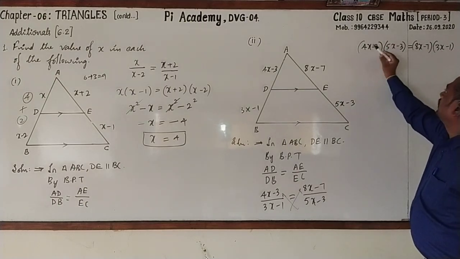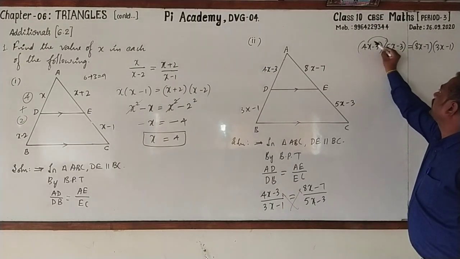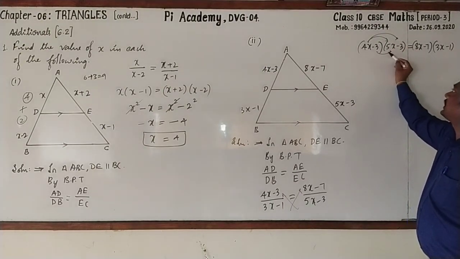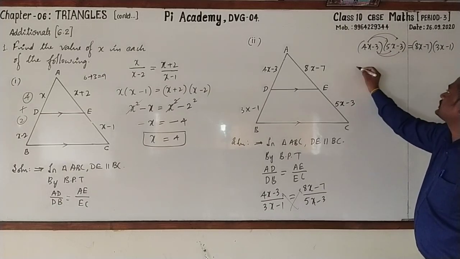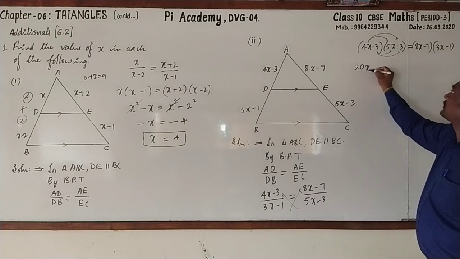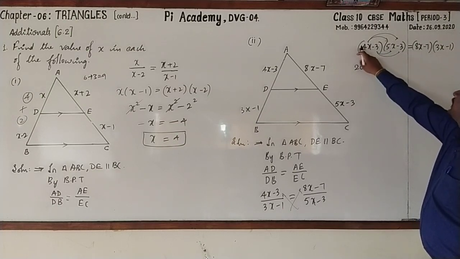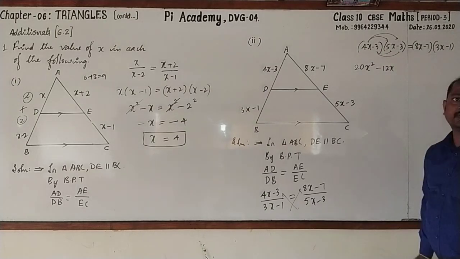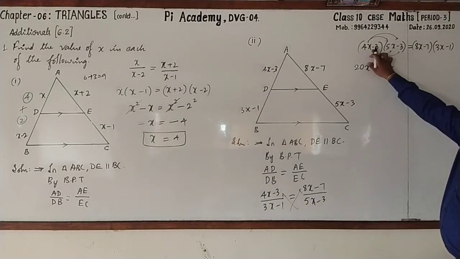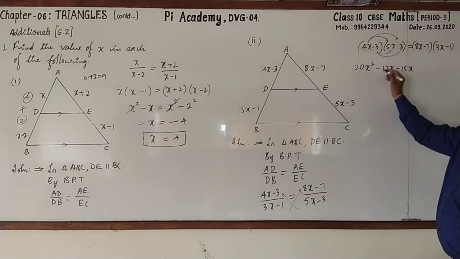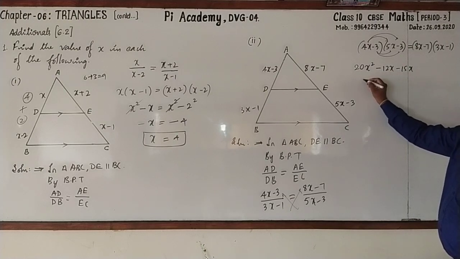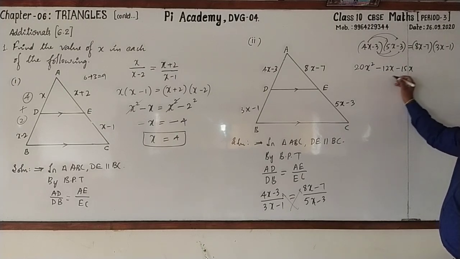Next, go for multiplying. Multiply 4x with both the terms, then minus 3 with both the terms. 4x into 5x, 4 5s are 20, x into x, x square. Then 4x into minus 3, minus 4 3s are 12, into x, 12x. Multiply by minus 3: minus 3 into 5x, minus 15x. Then minus into minus is plus, plus 3 3s are 9.